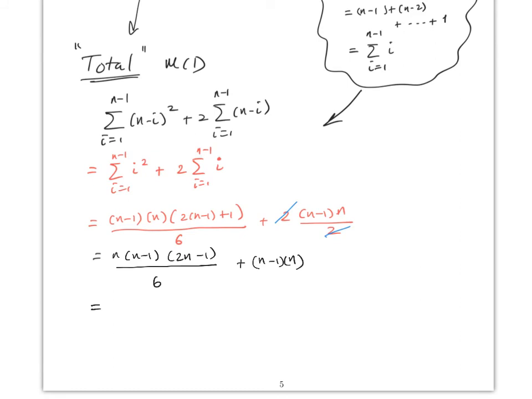And then if you do a little bit more algebra, and you should check this, okay, this equals 2n cubed plus 3n squared minus 5n divided by 6. Notice that the dominant term here is technically n cubed, so this is going to be proportional to n cubed.